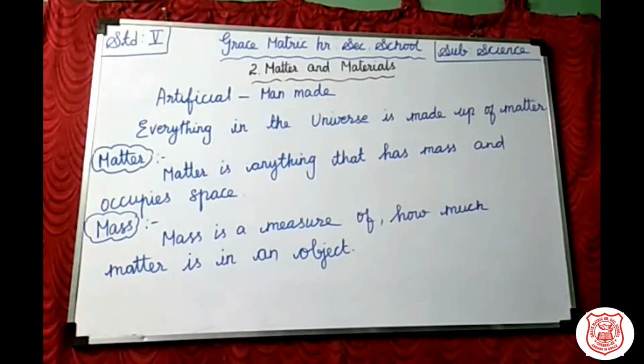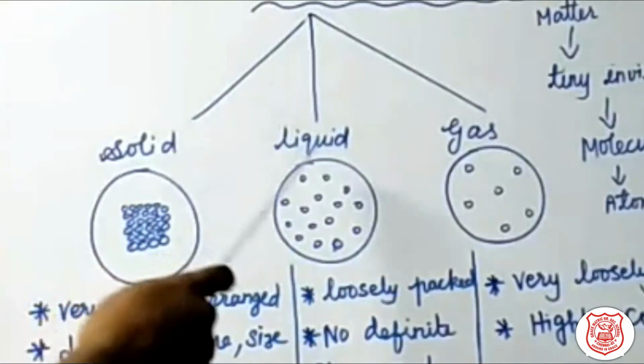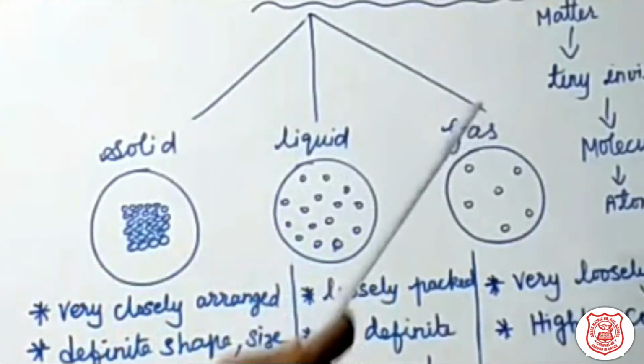Next, we'll see about the classification of matter. Matter can exist in 3 physical states. They are solid, liquid and gas.